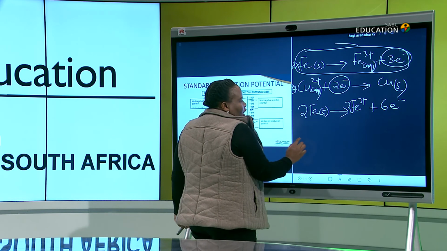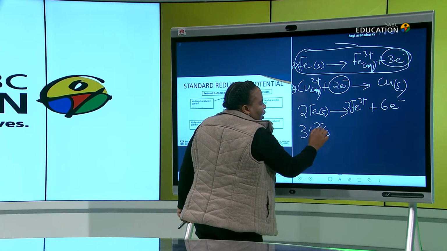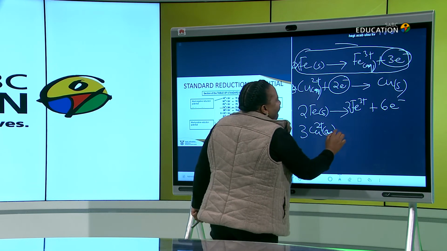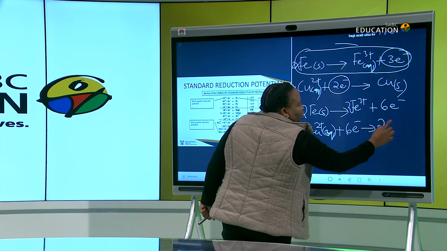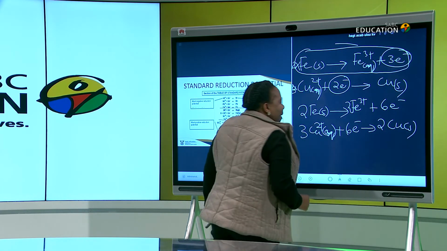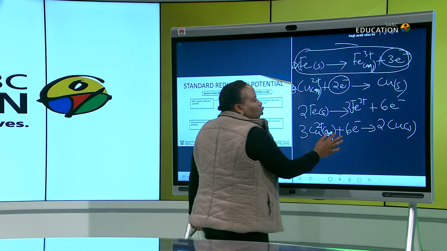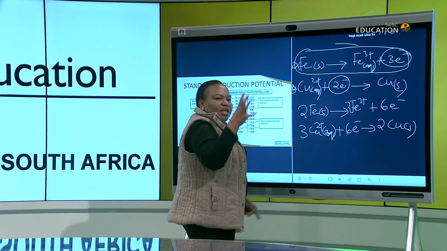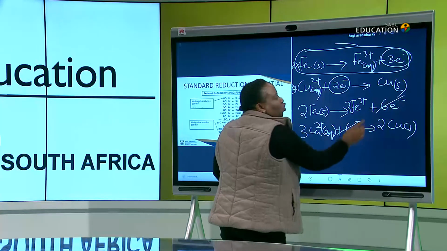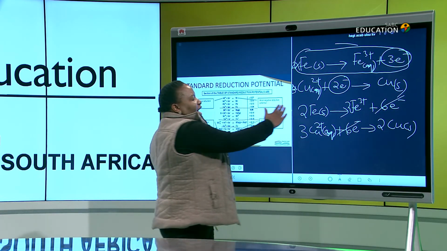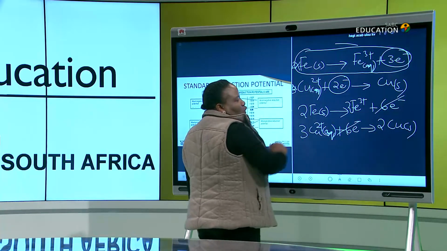The other one is going to be 3 Cu 2 plus aqueous, plus 6 electrons, giving you 3 Cu solid. Now, when the number of electrons are equal, we add the 2 reactions, because net means add the 2 reactions. When we add, the electrons will cancel one another, because one is on that side of the arrow, as we treat the arrow as an equal sign, and the other is on this side.